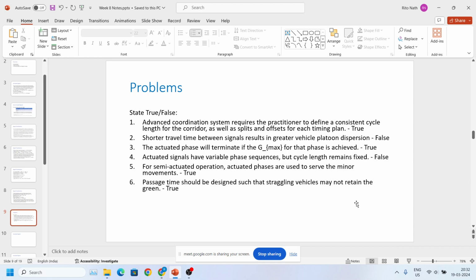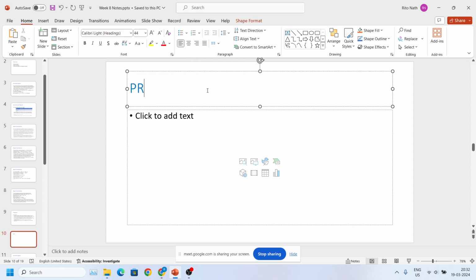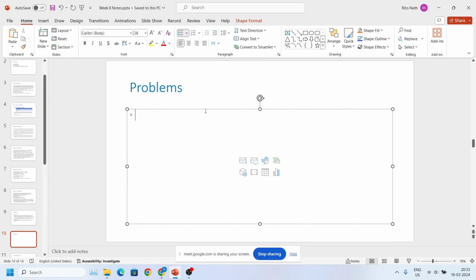Next, I think we can solve something related to this. Okay. Yeah, let's solve one more. I think it is also there in the assignment.